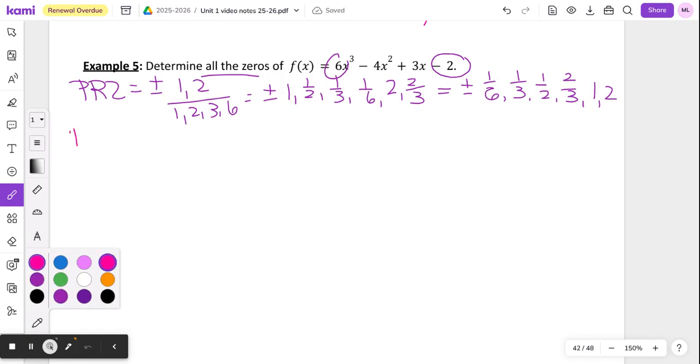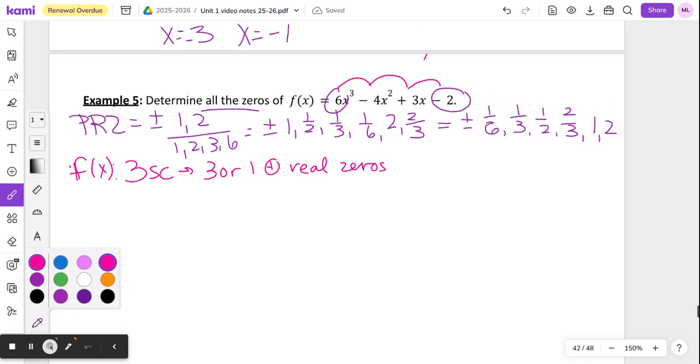Okay. Descartes, f of x, how many sign changes? Positive to a negative, to a positive, to a negative. 3 sign changes. So that means there are 3 or 1 positive real roots. How about for f of negative x?